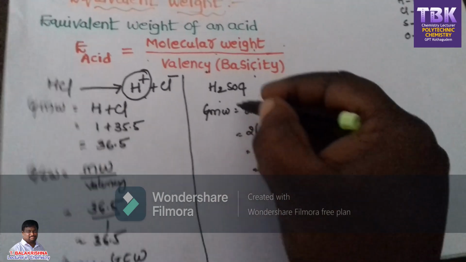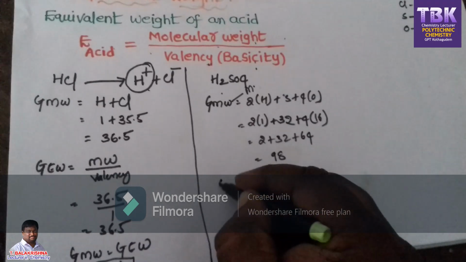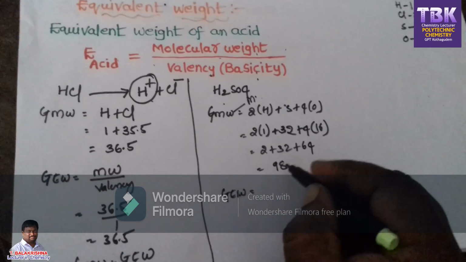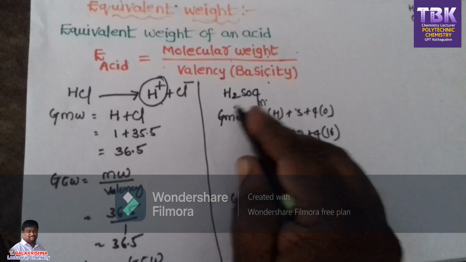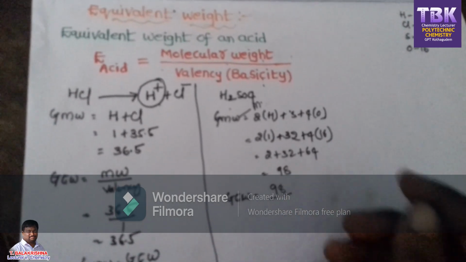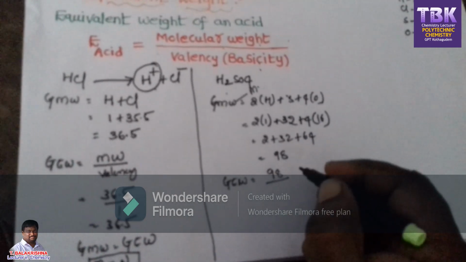This is useful for the calculation of molarity. If you want to find out the normality, first you find out the gram equivalent weight. The formula is molecular weight, 98, by valency. Valency means basicity.